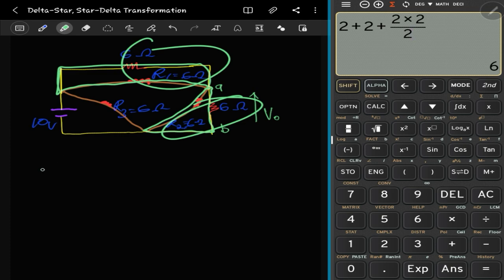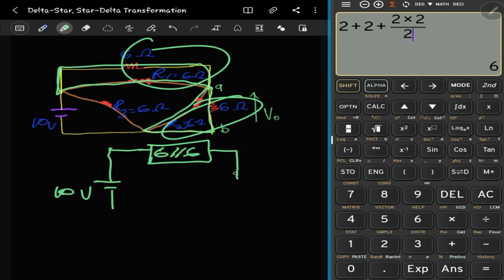So let's try and redraw it. So we have our 10 volts here, and then we convert this to parallel, so we get about 6 in parallel with another 6, right? So let's just do it this way, kind of like a resistor. And then here we get a 6 which is in parallel with another 6, right? So we converted this one to 1.